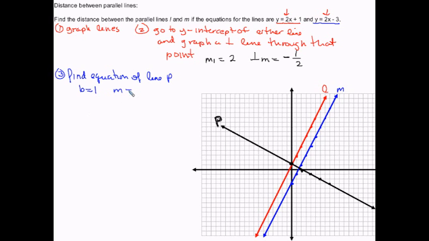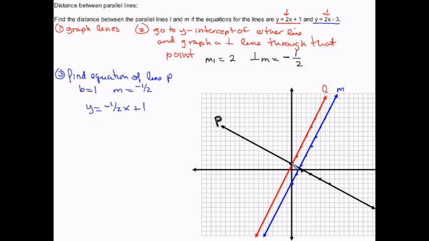And we know the perpendicular slope, negative 1/2. So the equation is y is equal to negative 1/2 x plus 1. Okay, so we've got the equation, and we know the point here.